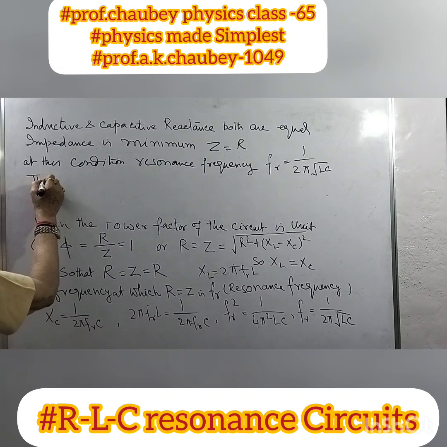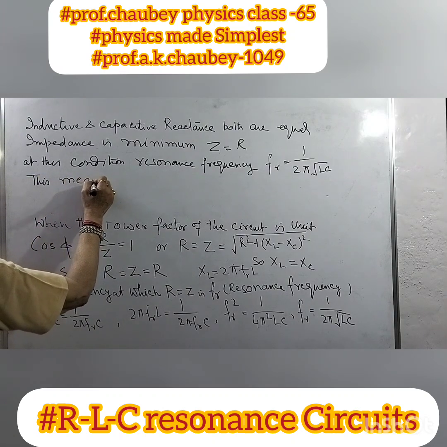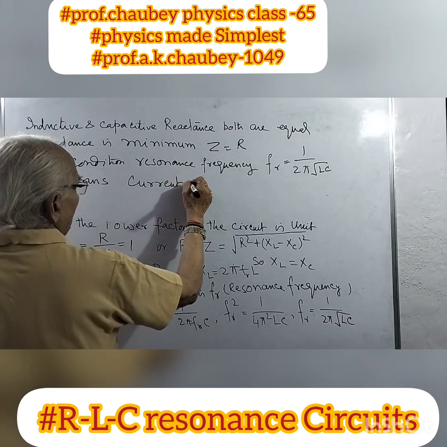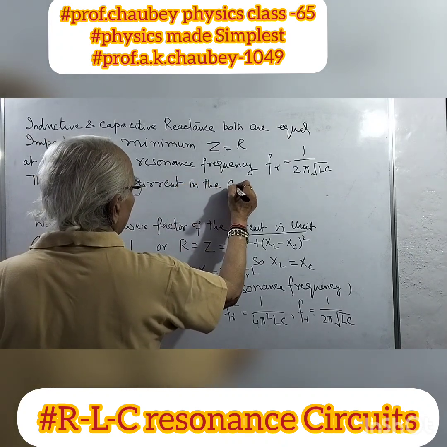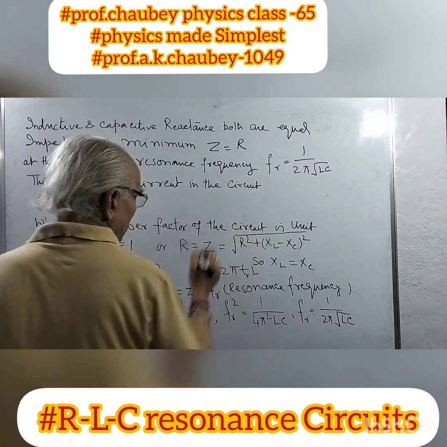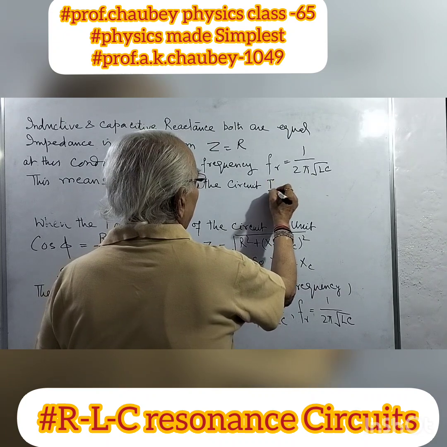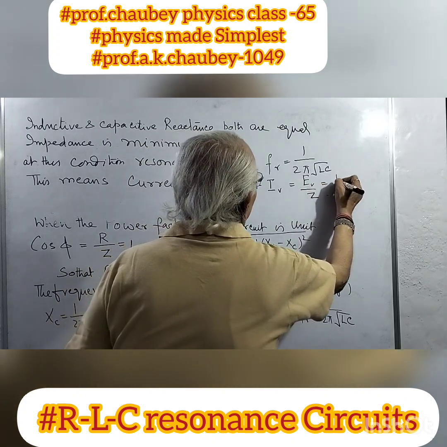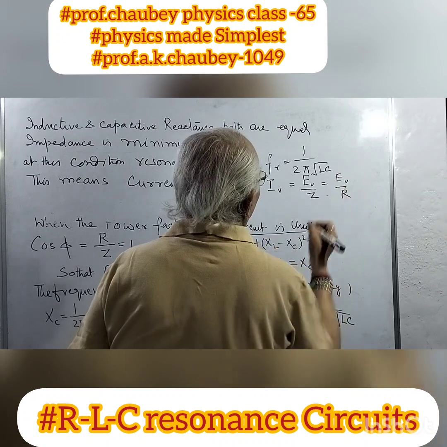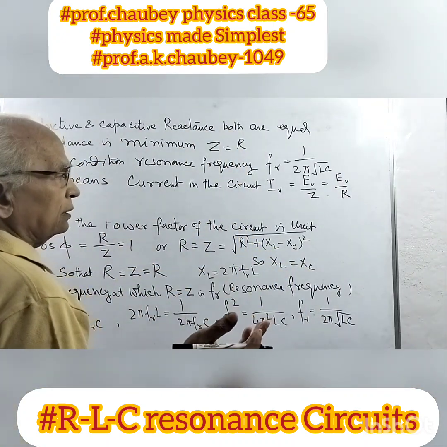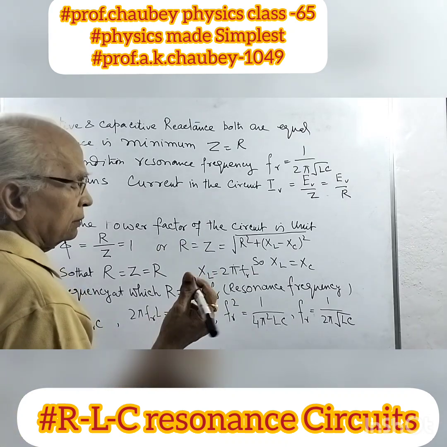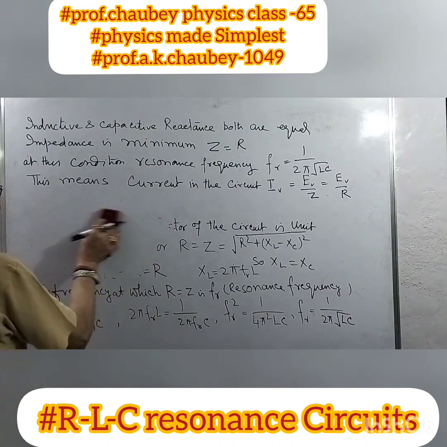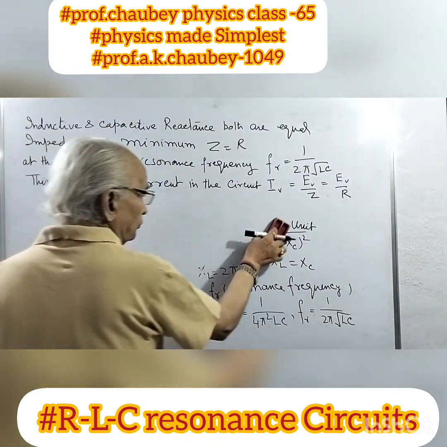This means current in the circuit, if the RMS value I is equal to E over Z, that is E over R, because Z is minimum, XL is equal to XC, so I is maximum, E over R. Because we are talking about alternating current, frequency is involved.